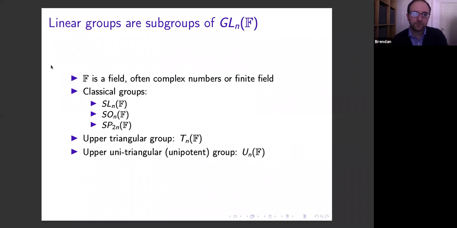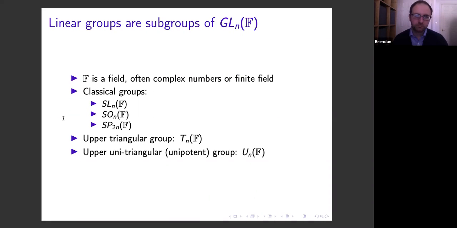So the groups we are interested in are the classical groups, one of which came up in Helfgott's theorem: the special linear group, the special orthogonal group, which preserves a symmetric positive definite form, or the symplectic group that preserves an alternating form.